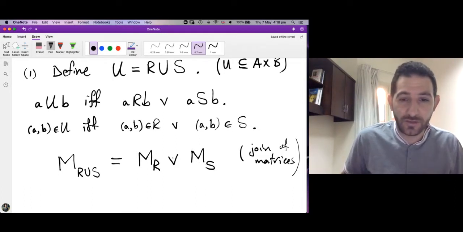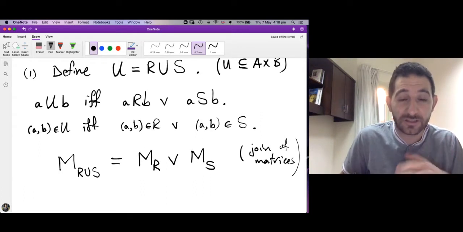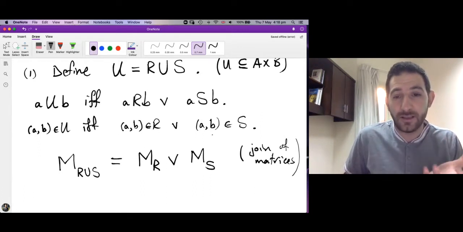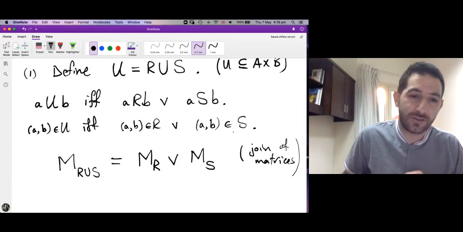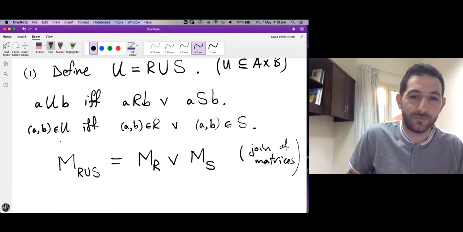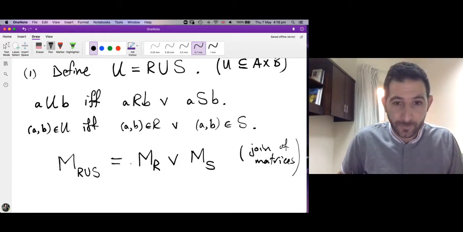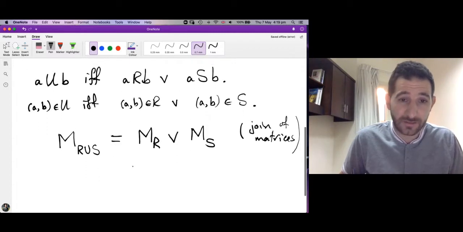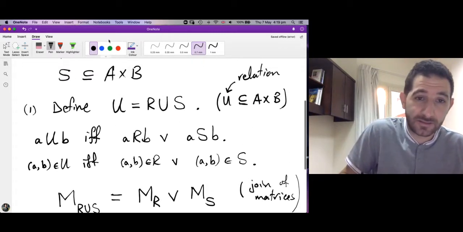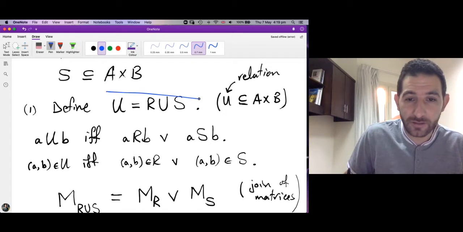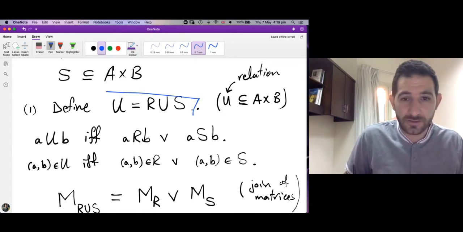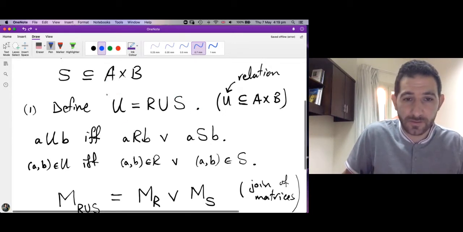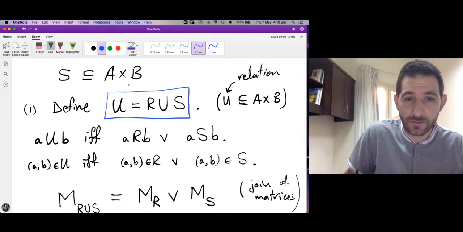So if we have 0 here and 0 here, this means that (a, b) is not related by R and not related by S, so they should not be related by U because U is the union. Okay, so this is the first new operation we define: the union of two relations.